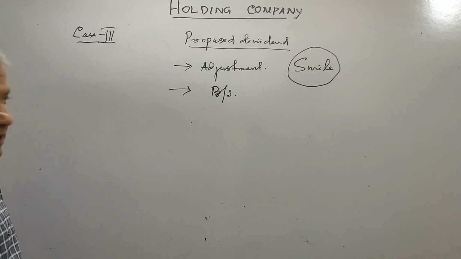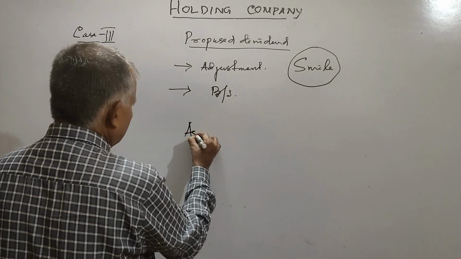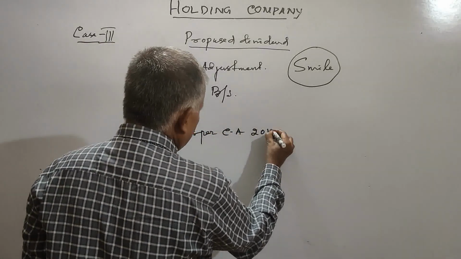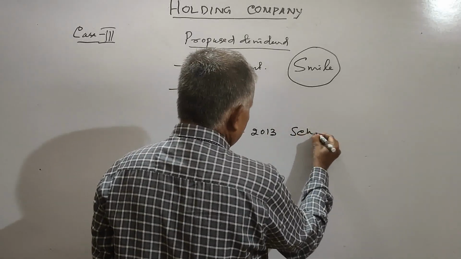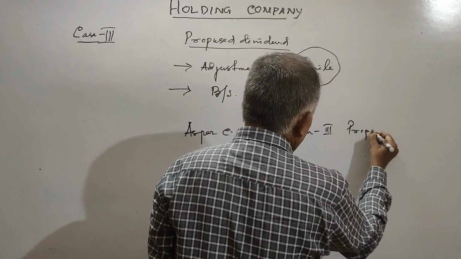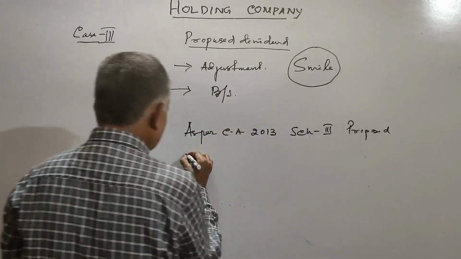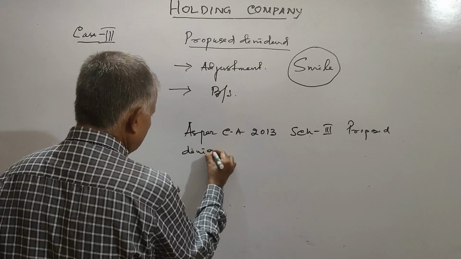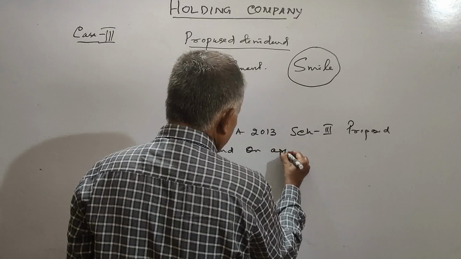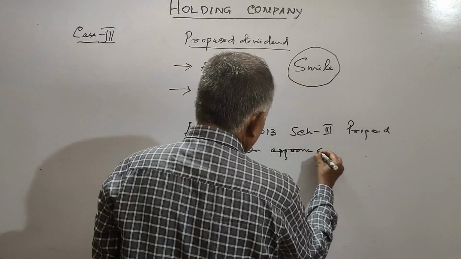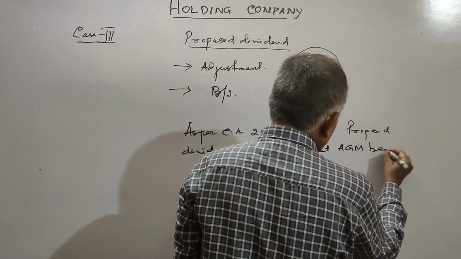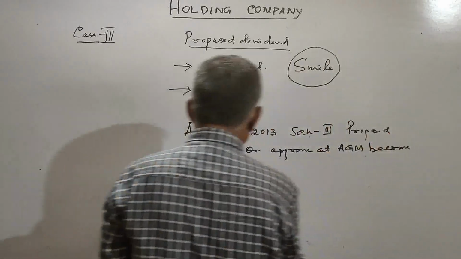As per Companies Act 2013, Schedule 3, proposed dividend on approval at the AGM becomes a liability.